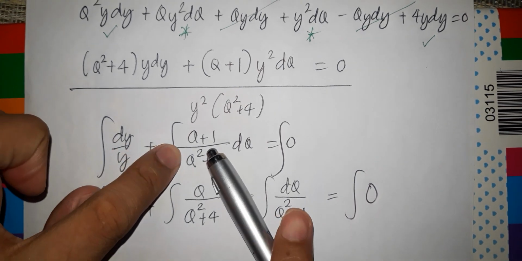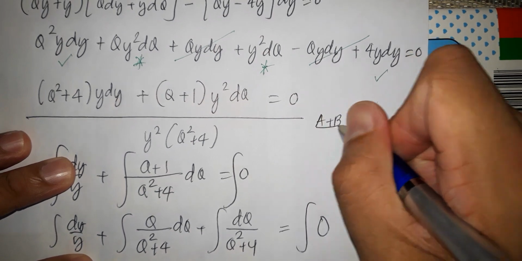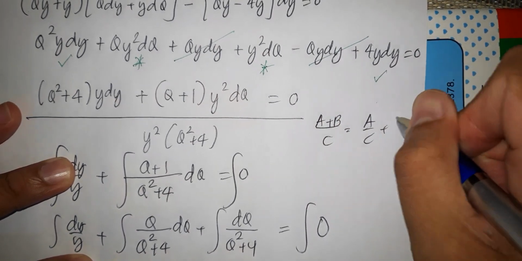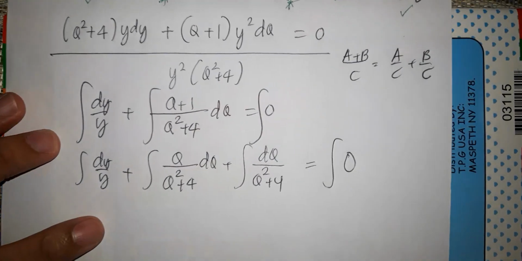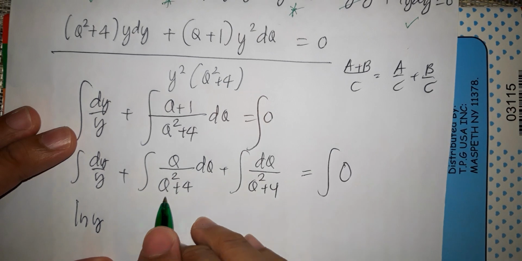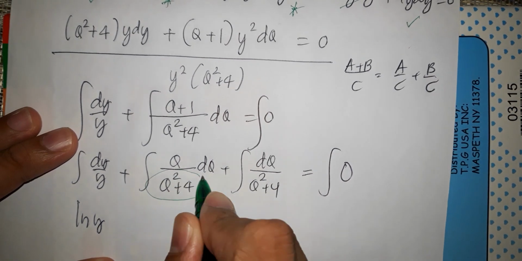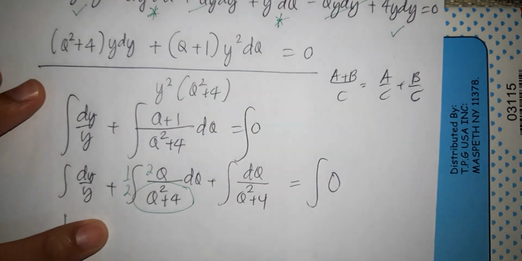So, pwede natin siyang paghiwalayin using a plus b over c is a over c plus b over c. So, integrating, this is ln of y. If this is u, ang derivative ay 2q dq. So, I need to provide 2 and then compensate with 1/2.